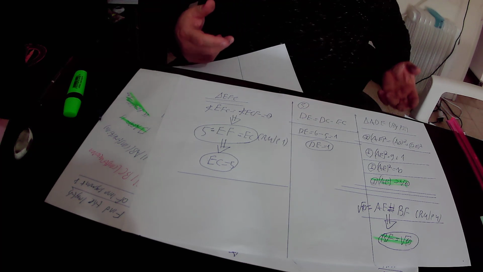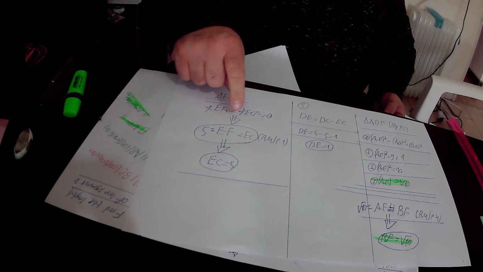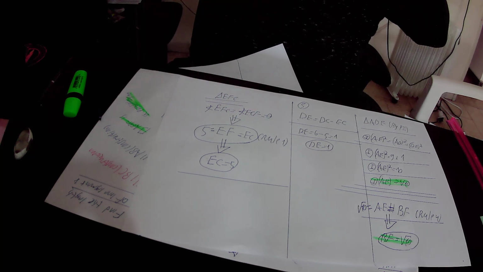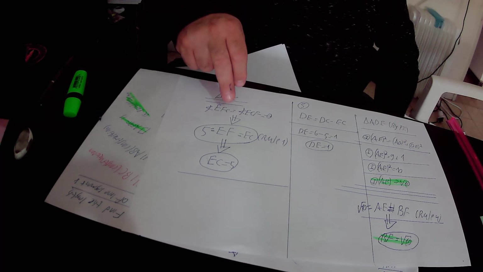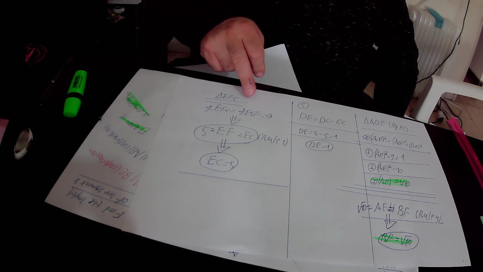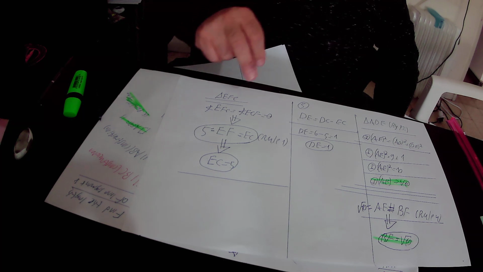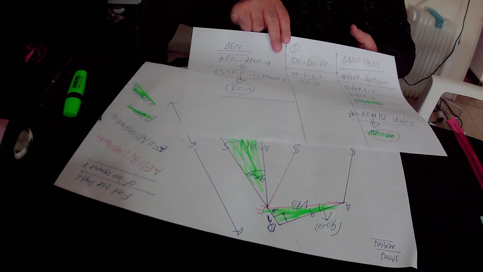Therefore, according to rule number 1, side EF equals side EC. Why? Because in front of equal angles in the triangle, there are equal sides. Those two sides EF and EC must be equal to each other.